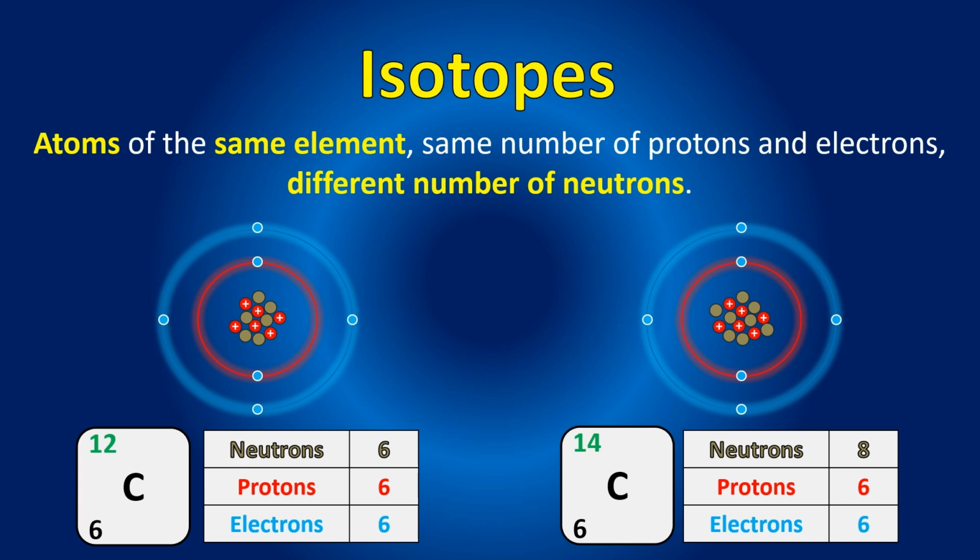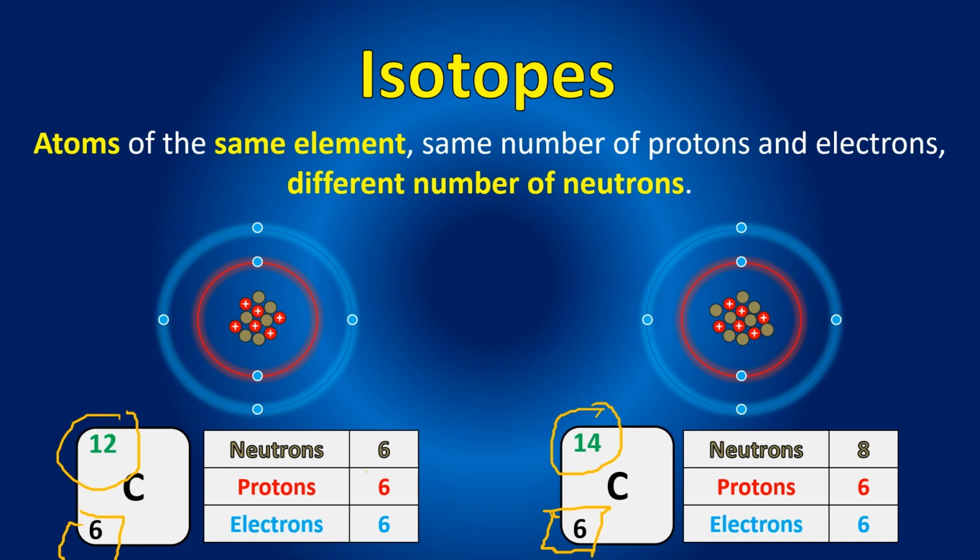One final sort of thing that we can look at are isotopes, and isotopes are basically atoms of the same element but with different numbers of neutrons. The easiest way you can answer any question about isotopes is to draw tables like I've done here. So you might get asked about carbon 12 and carbon 14 and how they differ in terms of their subatomic particles. There's no need to worry. All you need to do is look at the proton number or the atomic number.